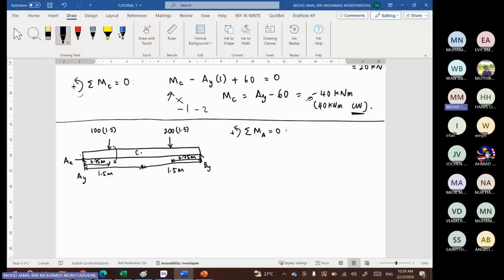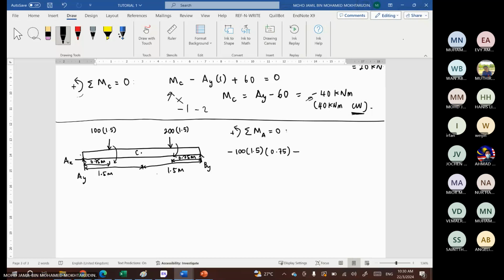Negative 100 times 1.5 times 0.75. And then another moment is the 200 times 1.5, and now it must multiply with the distance 1.5 plus 0.75, and it will act in clockwise direction, meaning negative.